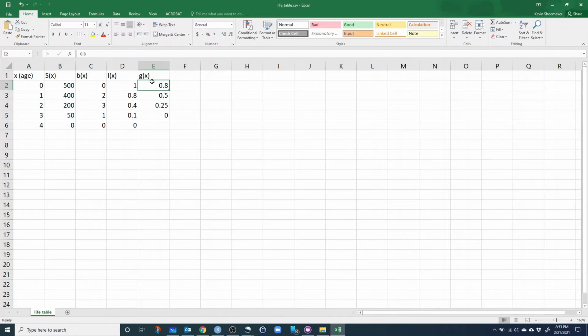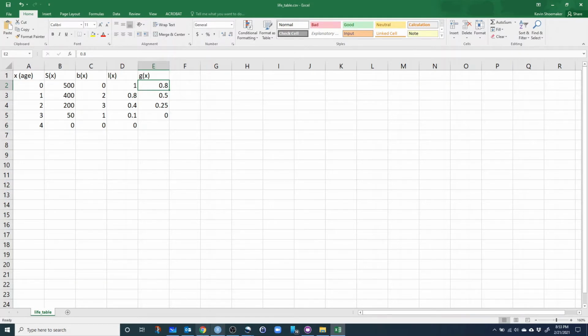All right. And so what you're asked to do is to estimate the generation time, the lifetime reproductive potential, and the approximate intrinsic rate of growth of this population using the information provided here.